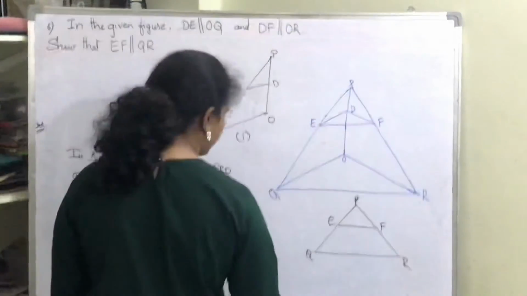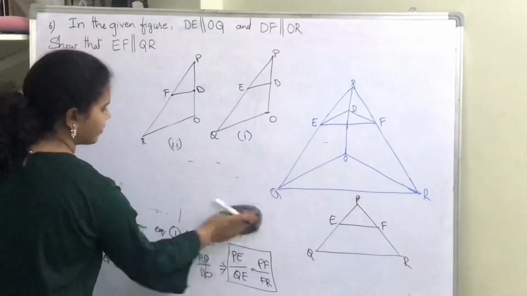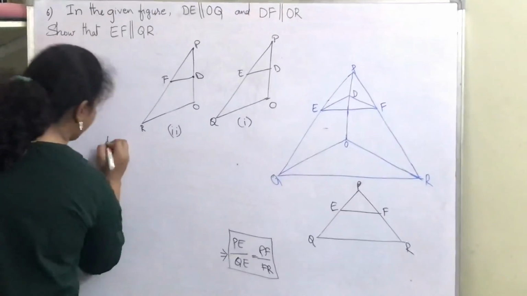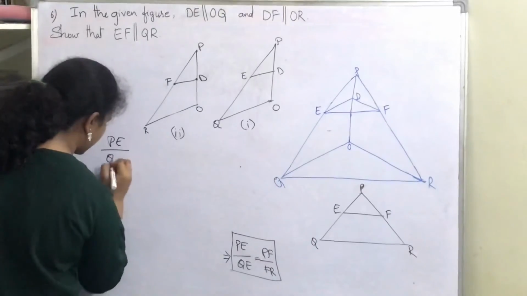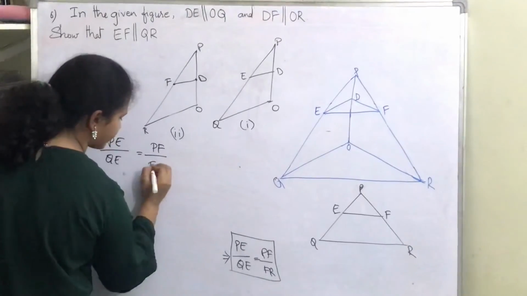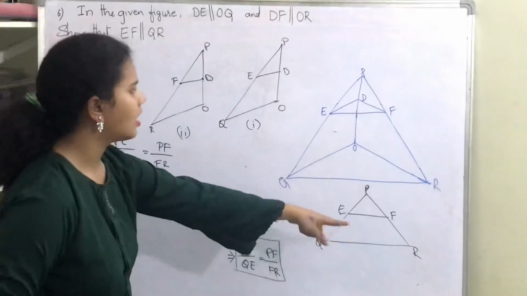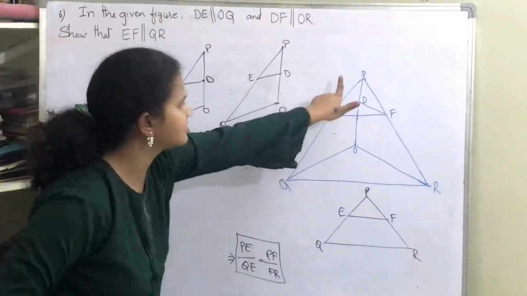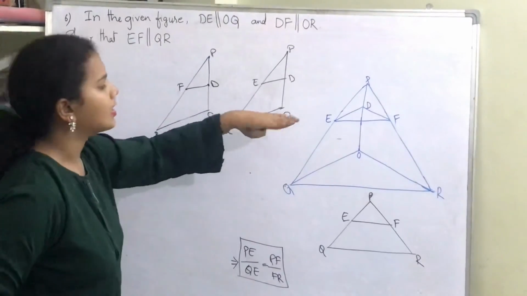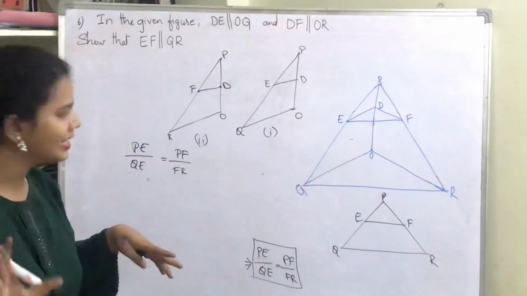So by the converse of the basic proportionality theorem, I can say, if PE by QE equals to PF by FR, then the ratio of two sides is equal, so the line which is drawn will be parallel to QR.